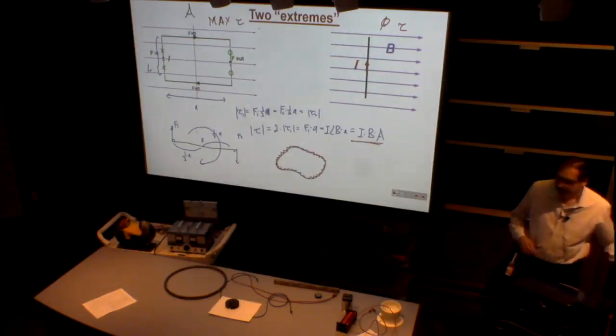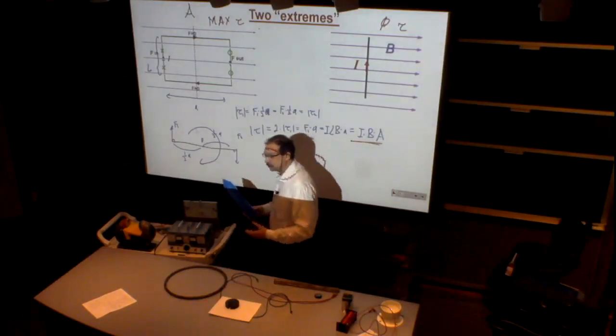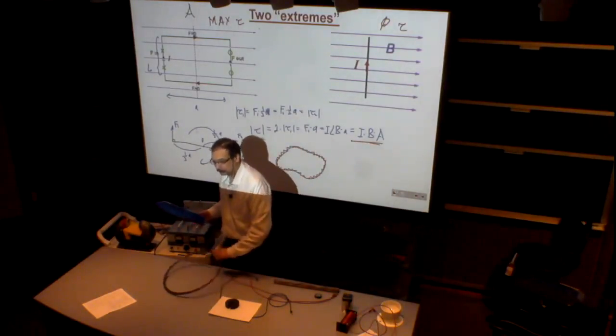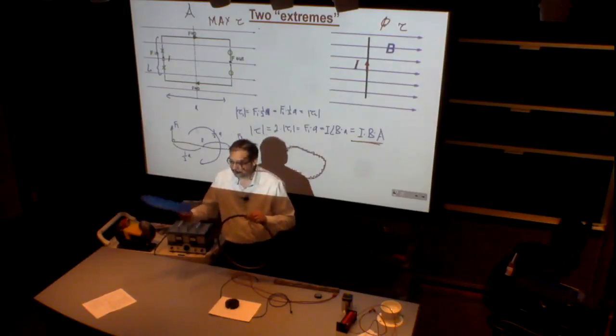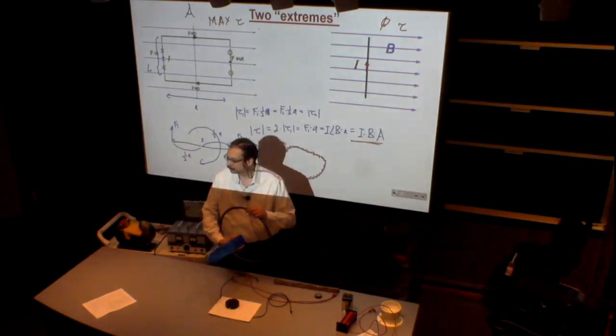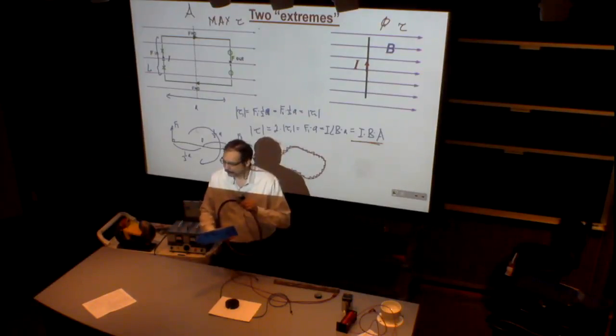An area vector of a loop. What is it? According to a definition, which doesn't require understanding, it requires memorizing. The area vector of a loop is a vector which is perpendicular to the loop, and the length of it equals area of it. That's it. Well, we don't really need to know the length. We need to know the direction, perpendicular to the loop. How?